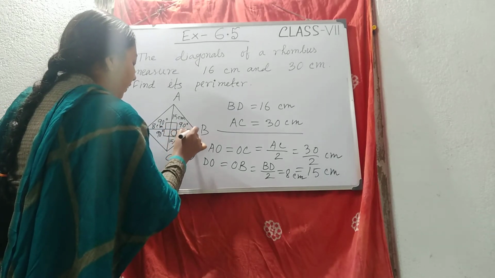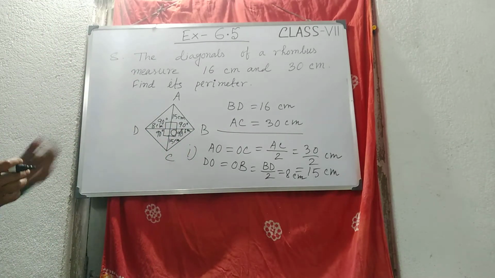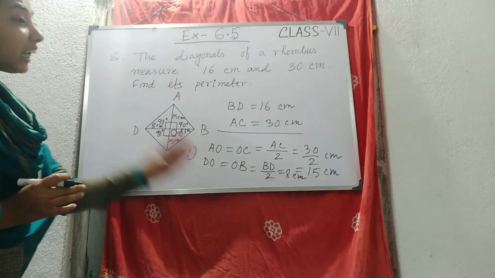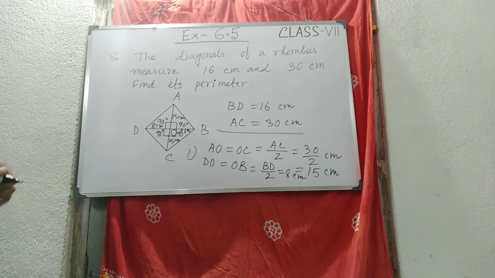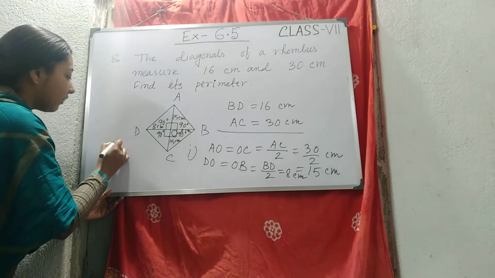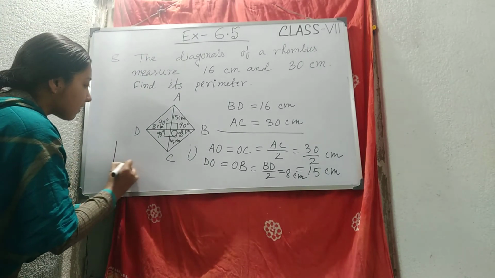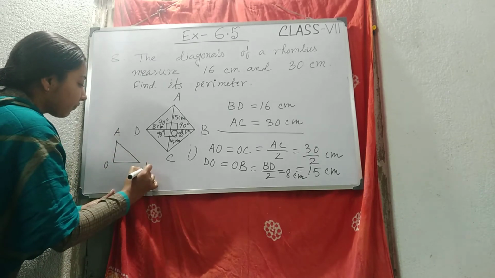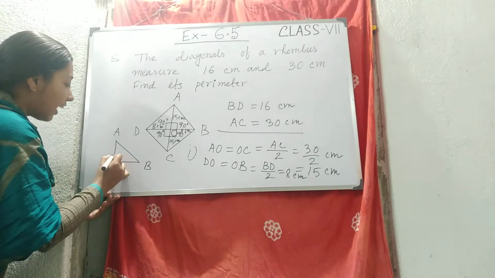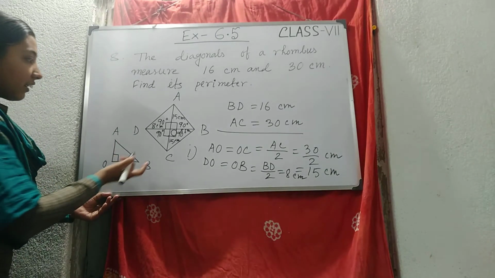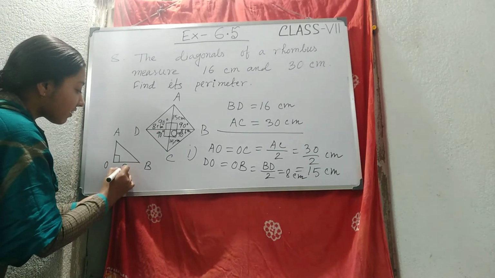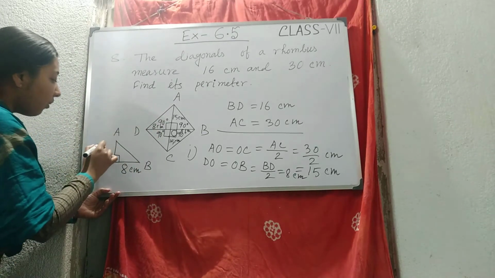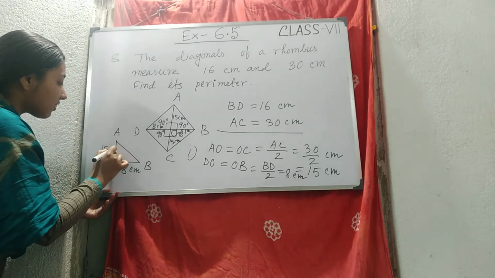Now observe carefully. If we talk about any right angle triangle out of 4, see what will happen. So if we take this right angle triangle, triangle AOB, which is right angled at O, and here you can see OB is given 8 centimeter and AO is given 15 centimeter.